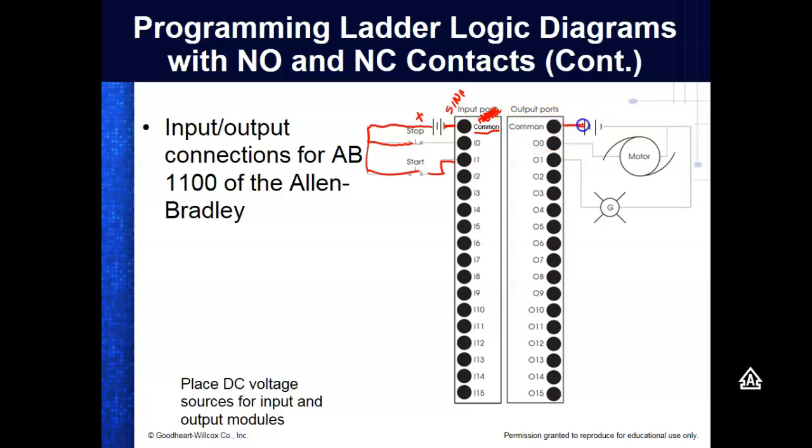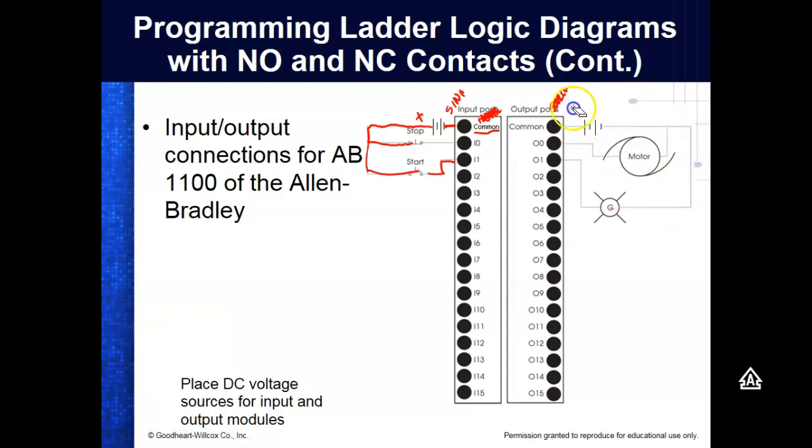We have two. The MicroLogix 1100 uses sourcing outputs. So that means we're going to have to run this wire out here to do what? They're actually got a motor. Now the 1000 runs 120 volt AC outputs, so y'all have to be careful on that.